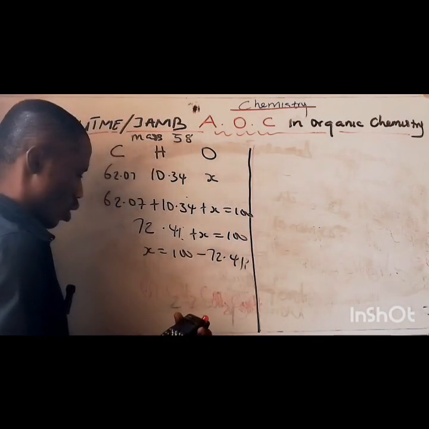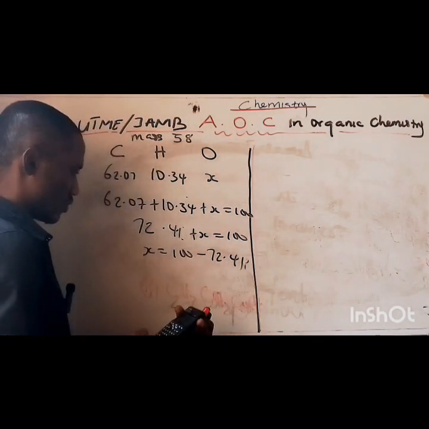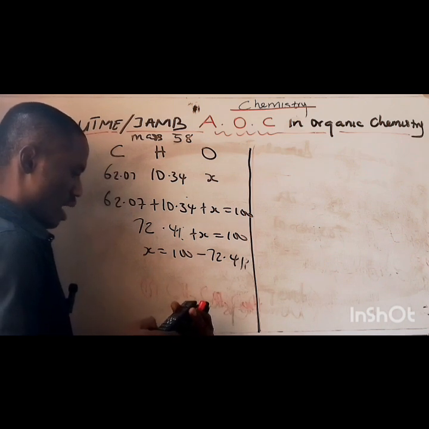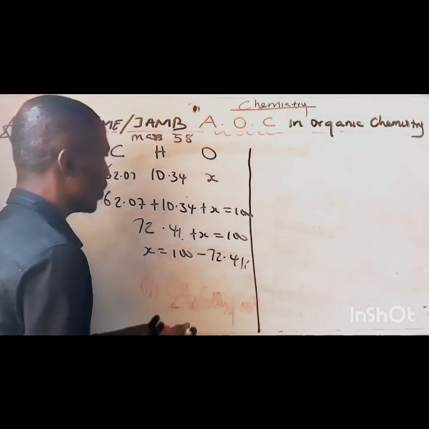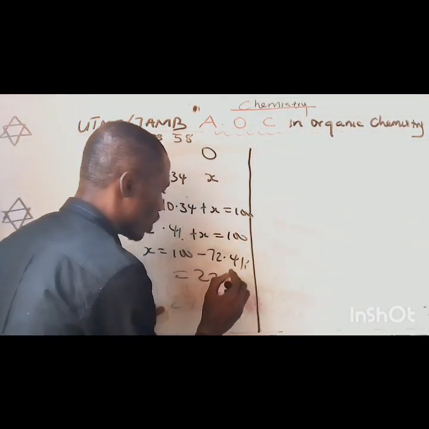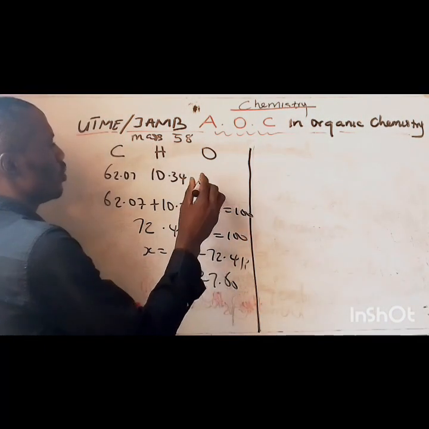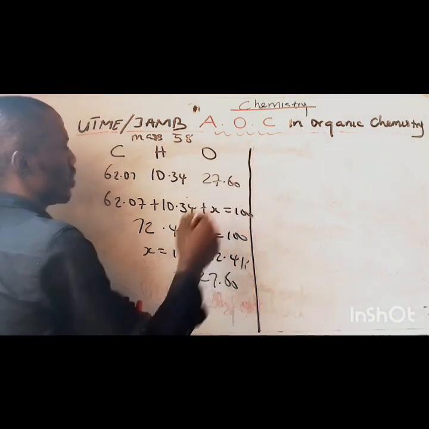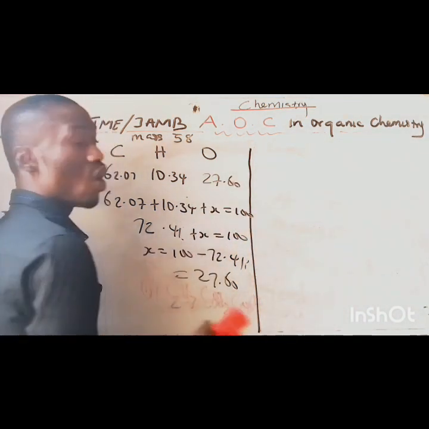Let's do it now. That should be giving me around 27.60. I'm going to remove this X now. I'm getting 27.60 approximately. So I'm putting 27.60 here. Alright, that is the percentage of oxygen.